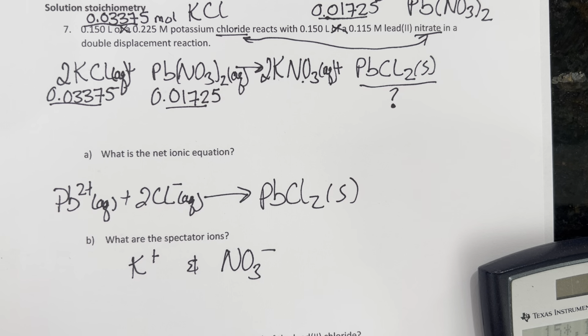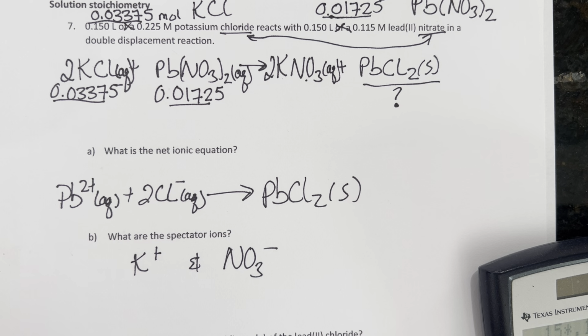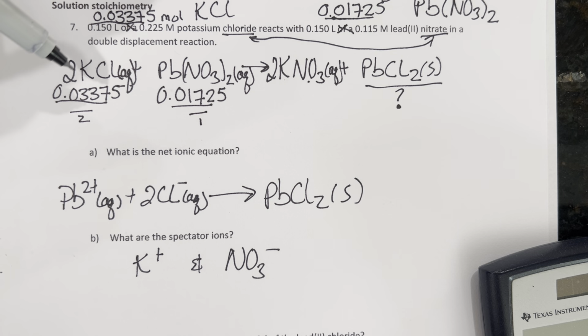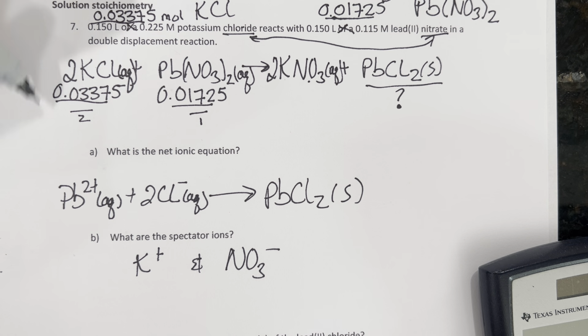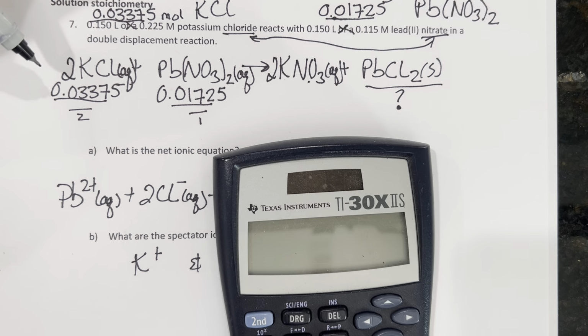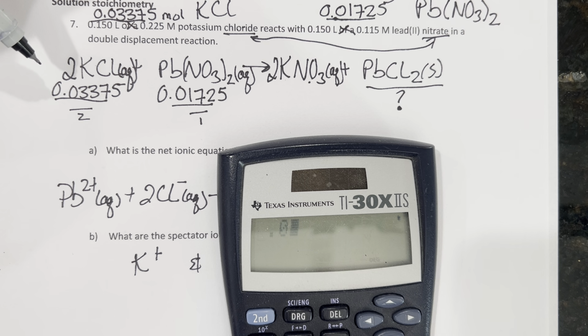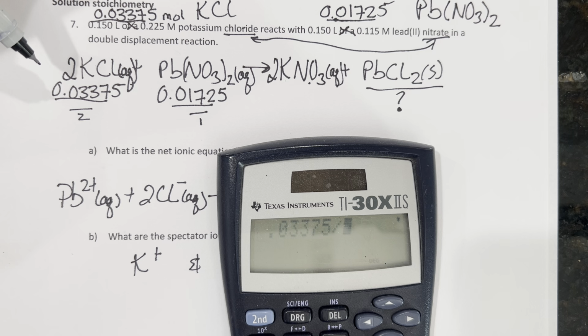We've done probably 100 of these at this point, and maybe that's an exaggeration, probably 20 of them at least. And so we know what to do. The first step is find the limiting reactant. So if I divide this one by 2 and I divide this one by 1, you will find out that this one's slightly smaller. In fact, I'll do it real quick, just to make sure.